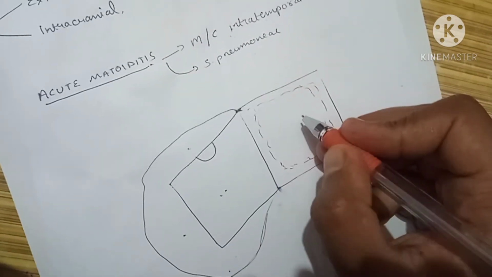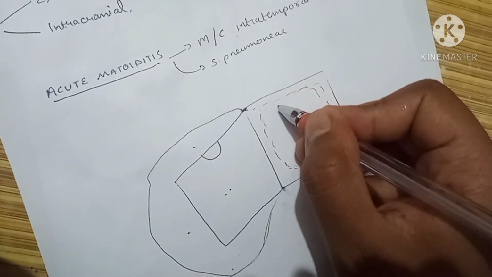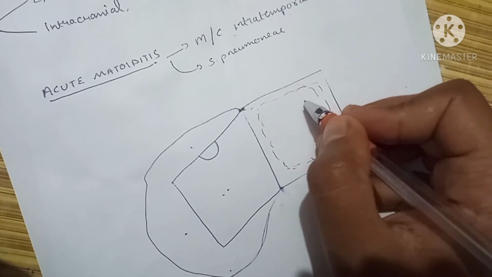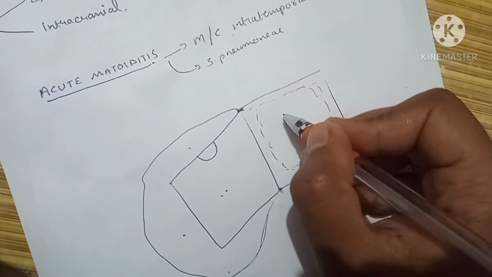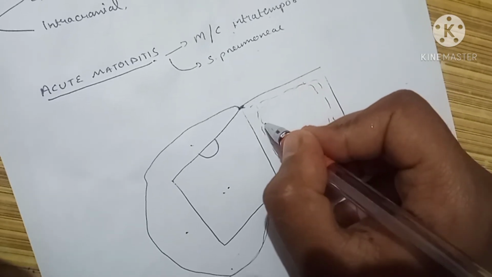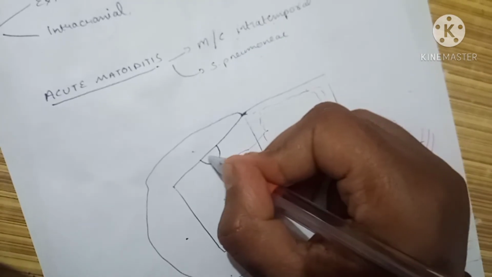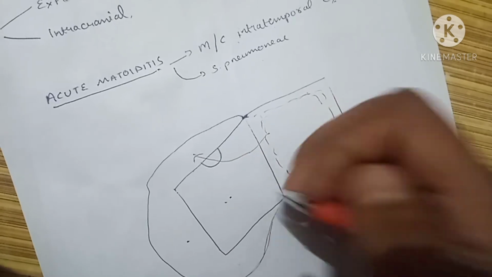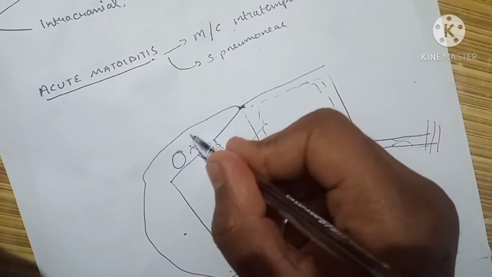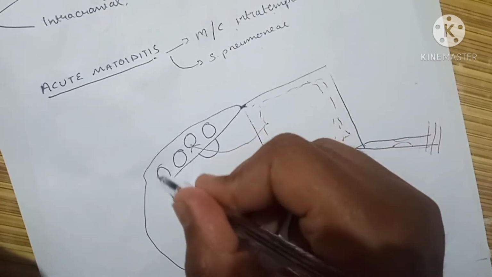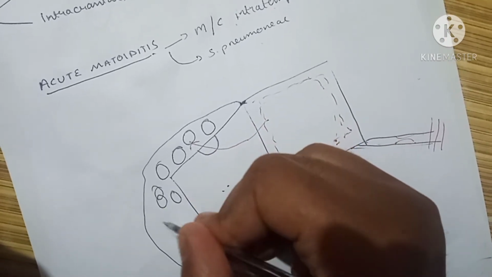This is all seen. What can happen is that instead of resolution in the case of ASOM, if the bacteria are more virulent or the person is immunodeficient, this infection may travel through the aditus into the mastoid cavity. Now we all know that the mastoid cavity is filled with mastoid air cells. So these are our mastoid air cells.